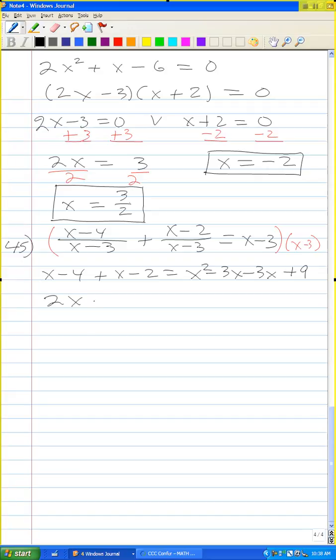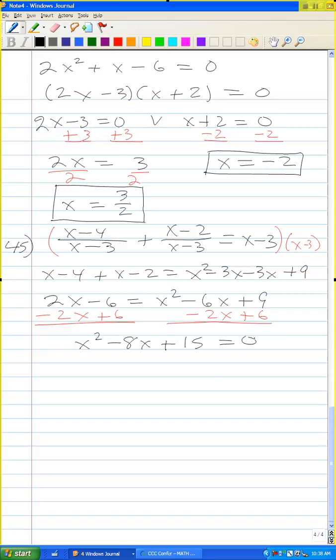Negative 4 minus 2 is negative 6. Negative 3x minus 3x is negative 6x plus 9. Subtract 2x. Add 6 to both sides of your equation. And so you get x squared minus 8x plus 15 equals 0.